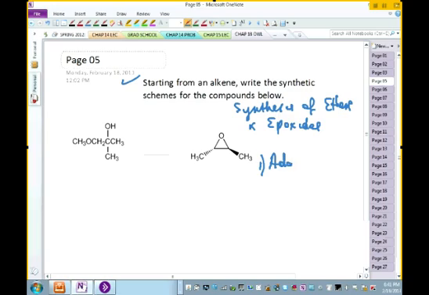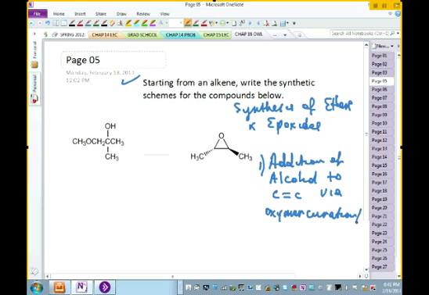Addition of alcohol to alkene, to a carbon-carbon double bond, via oxymercuration/demercuration. That is one method which you can use to make ethers.